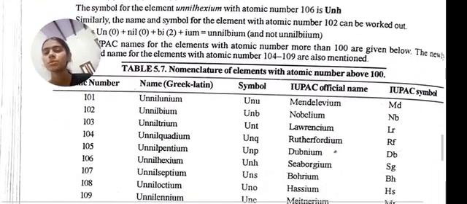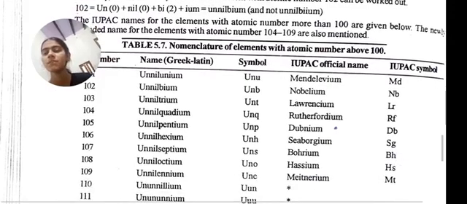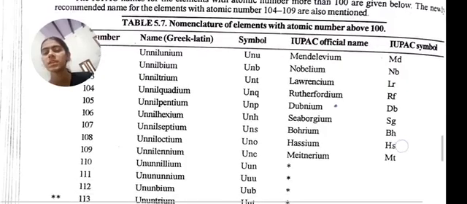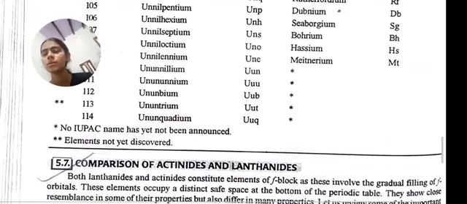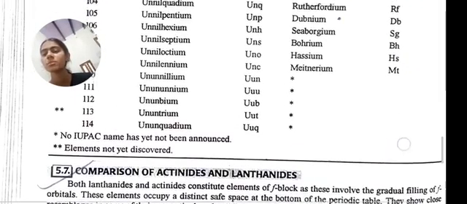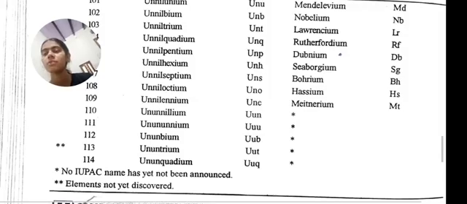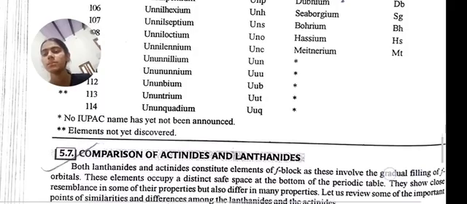For 101, mendelevium; 102, nobelium; 103, lawrencium; 104, rutherfordium; 105, dubnium; 106, seaborgium; 107, bohrium; 108, hassium; 109, meitnerium. No IUPAC name has yet been announced for elements with atomic numbers 110 to 114.